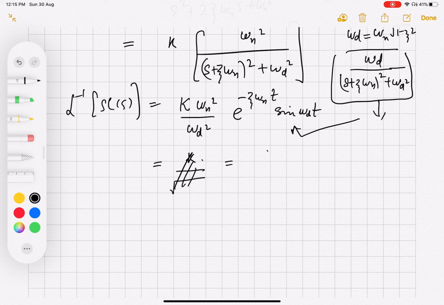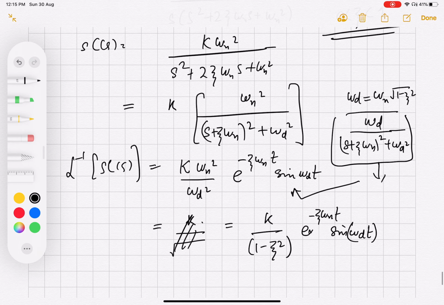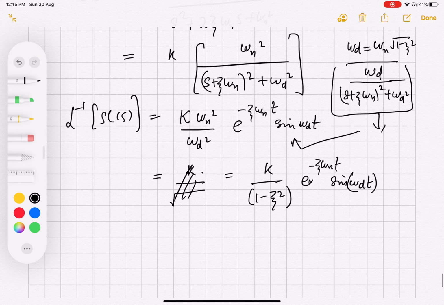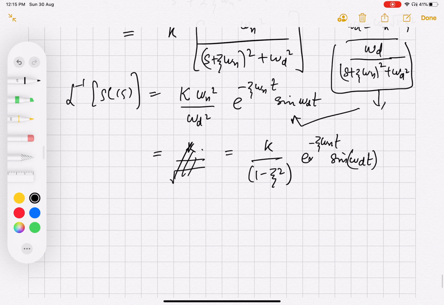We can write this as k upon 1 minus zeta square, and inside you have e to the power minus zeta omega n t sine omega d t. So we multiply and divide by this. Let me check this expression. Just give me a second.